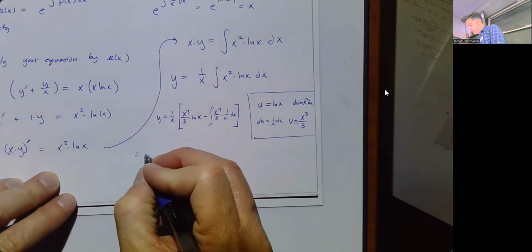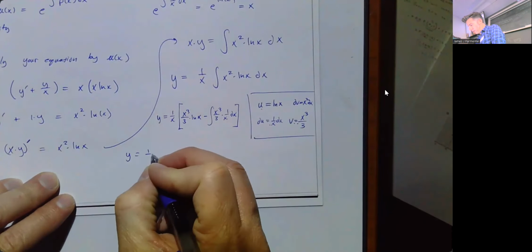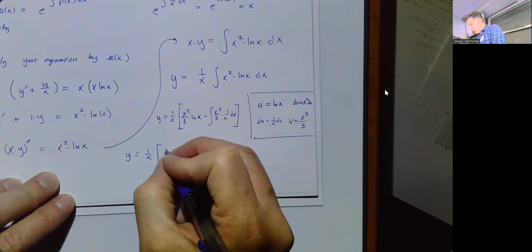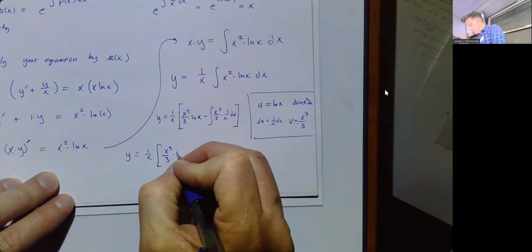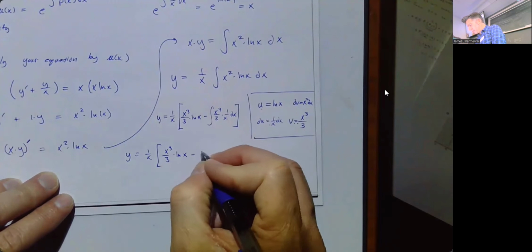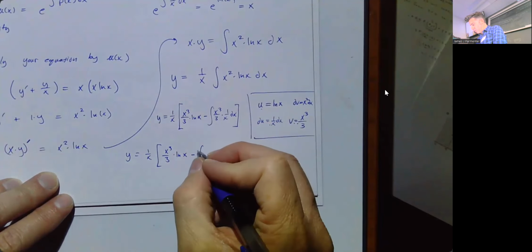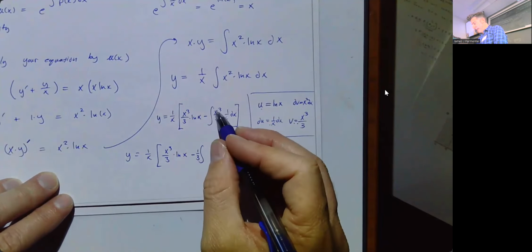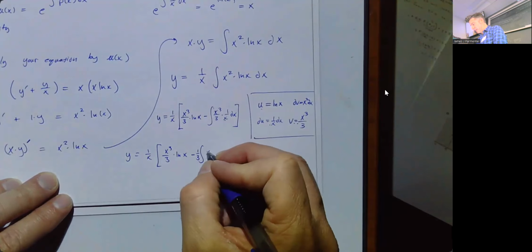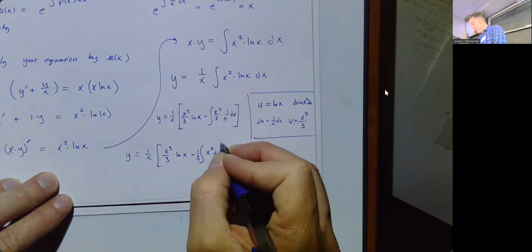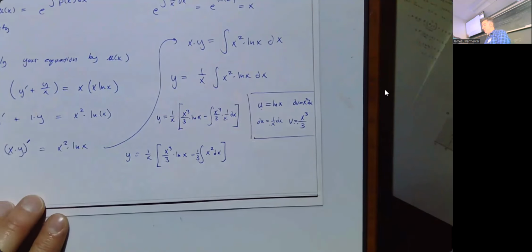We're going to rewrite this as y equal to 1 over x times x cubed over 3 times the natural log of x minus the integral of, well, let's bring the 1/3 out in front, and x cubed divided by x is x squared. And that is much easier to anti-differentiate.